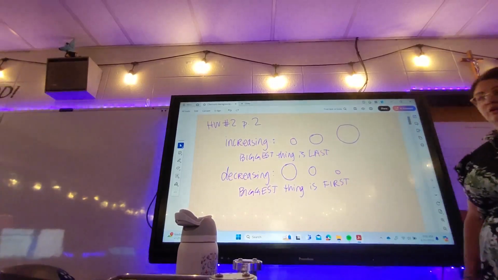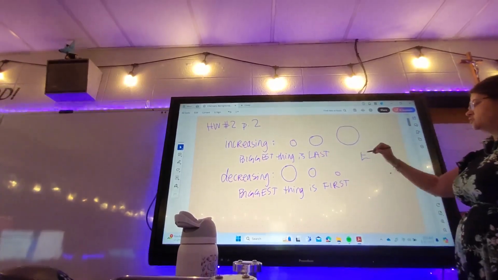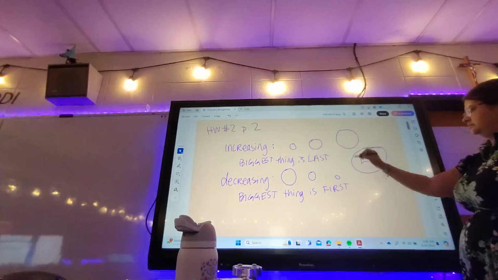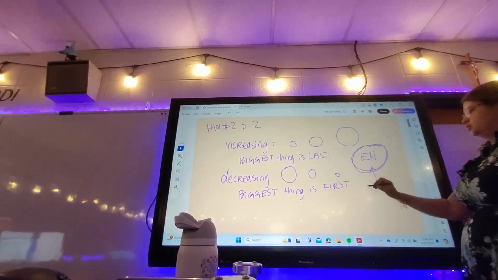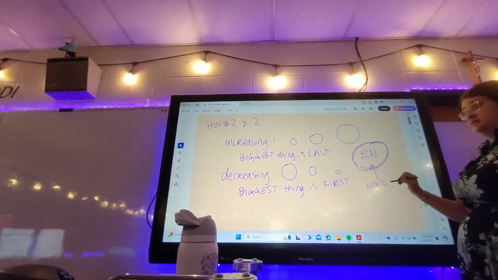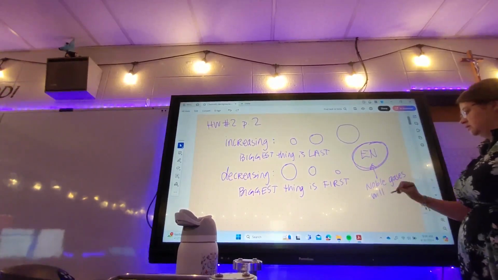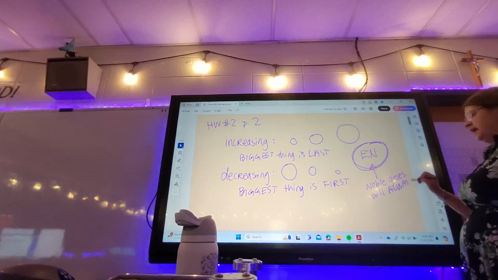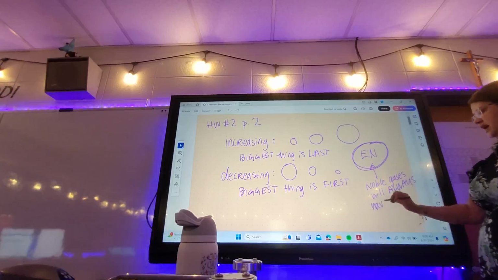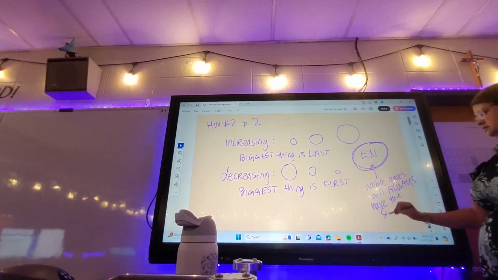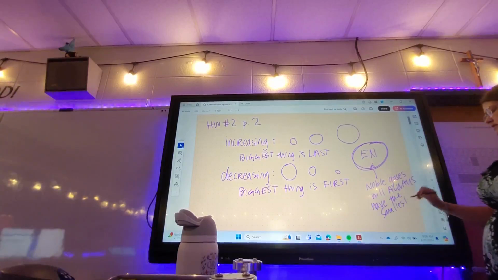Now remember, when you're talking about electronegativity, noble gases, or groups 8A, they will always, no matter what, have the smallest electronegativity.